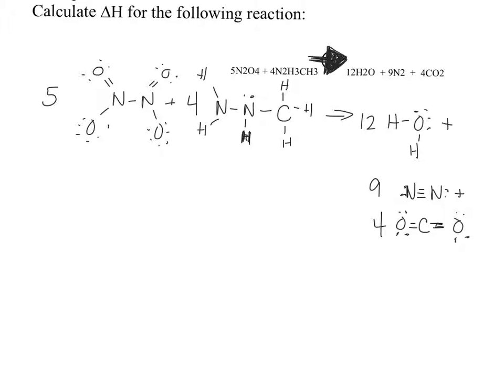So when I look at this first molecule, I see that I've got 2 N-double-O bonds, right? I also see that I've got an N-N bond, and I also see that I've got 2 NO bonds. So that's basically what I'm going to write down here.